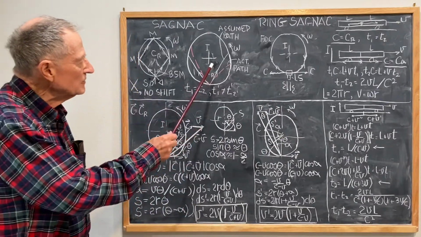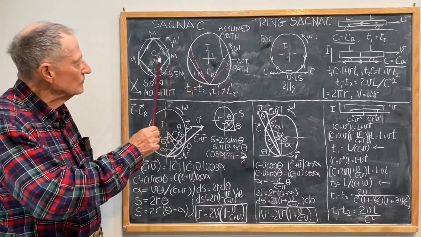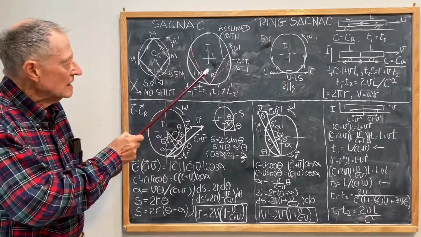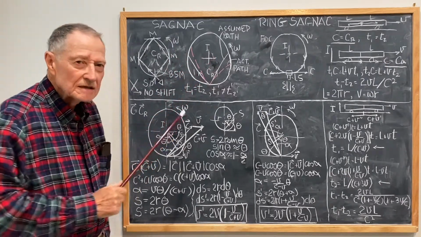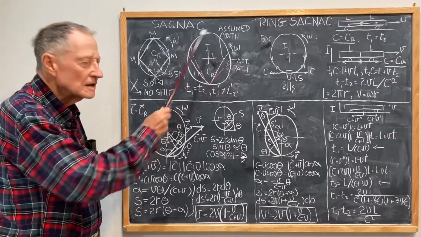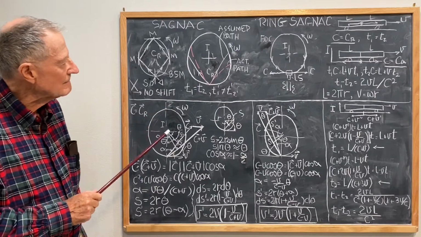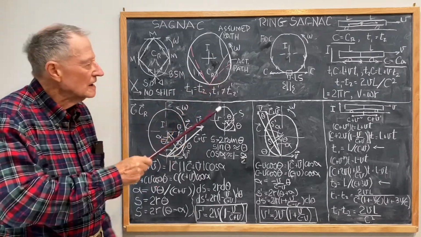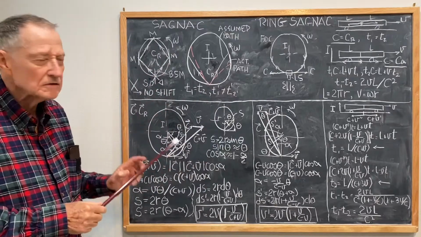This observation, that if you're rotating with the Sagnac experiment the relative velocity is not straight in the rotating frame, is the critical point of this whole derivation and this whole demonstration.